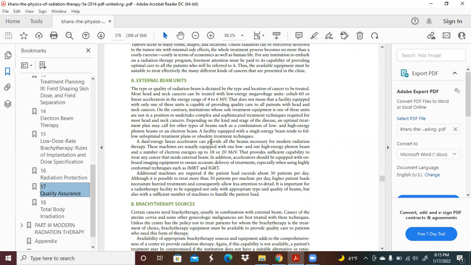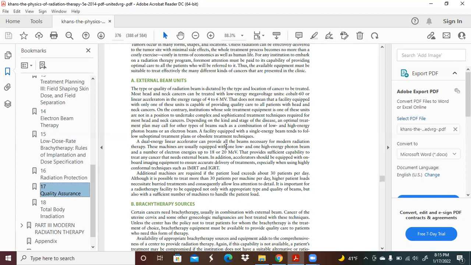Obviously, the greater the energy for photons, the greater the penetration you're going to get. The closer the target is to the surface of the skin, obviously the less energy you want to hit with. In terms of photons and sometimes electrons, with the fact that electrons fall off fairly quickly compared to photons, sometimes having electron beams is going to be useful.